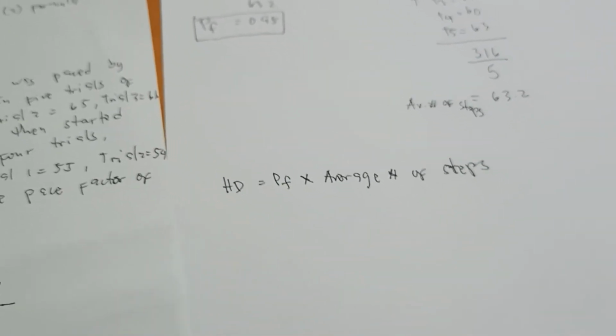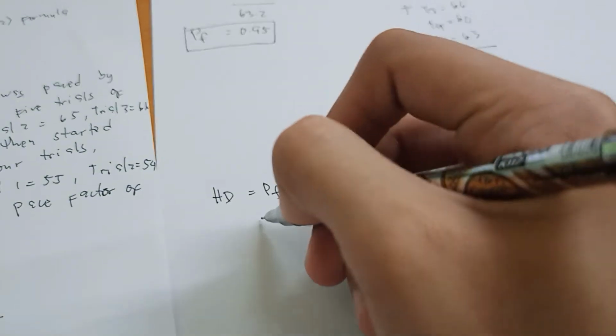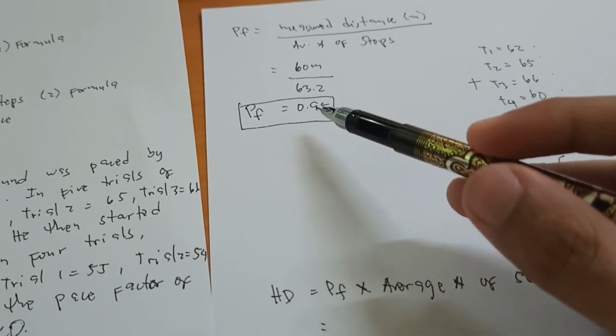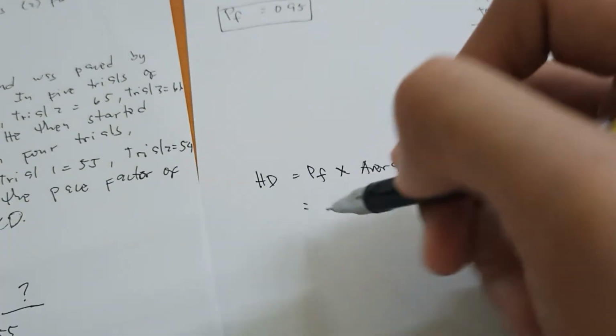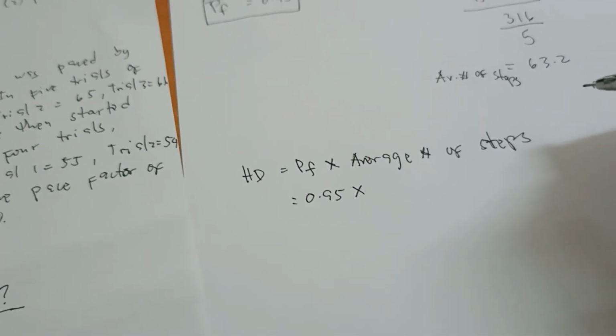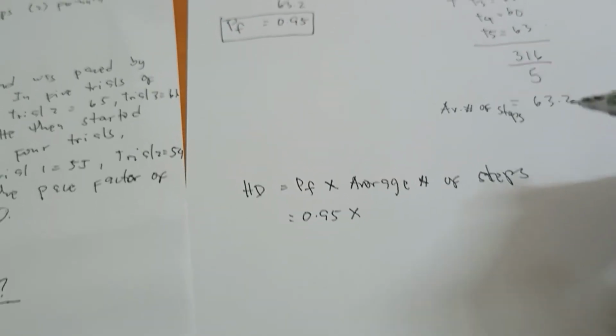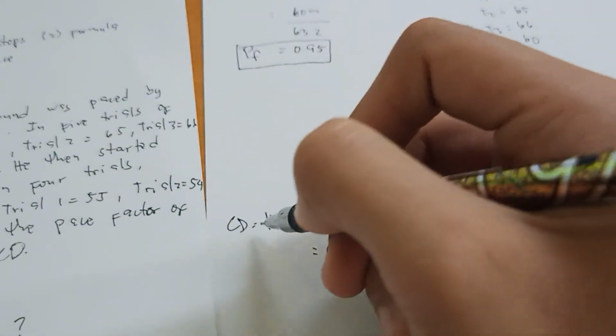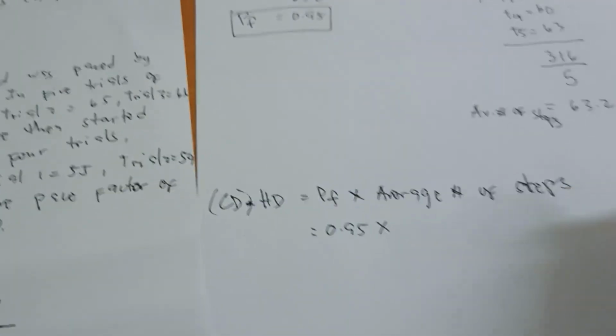Since we already computed the pace factor of 0.95, just substitute it and multiply by the average number of steps of CD. This is the horizontal distance of CD.